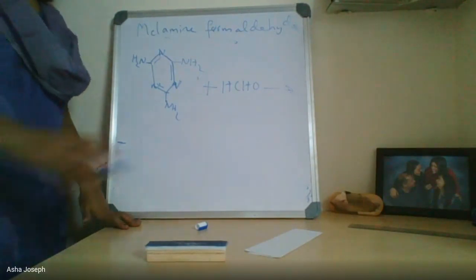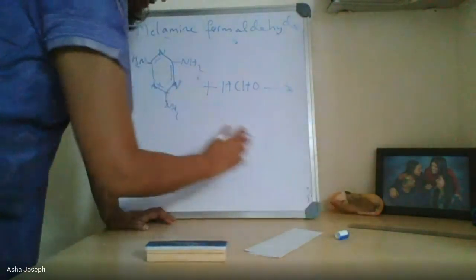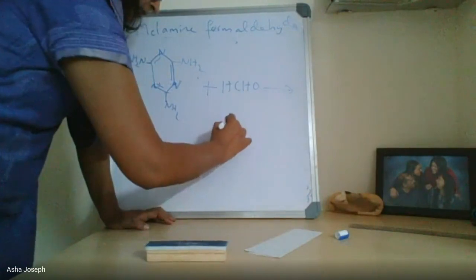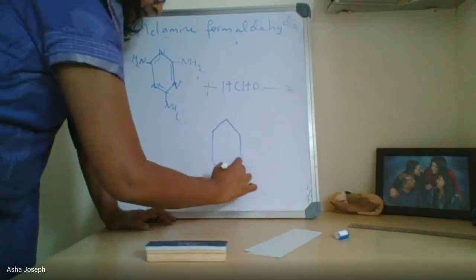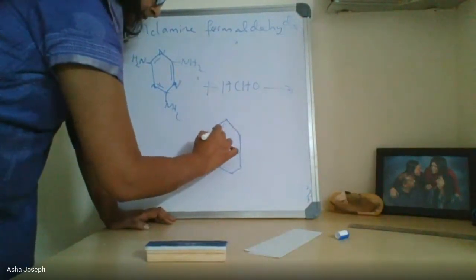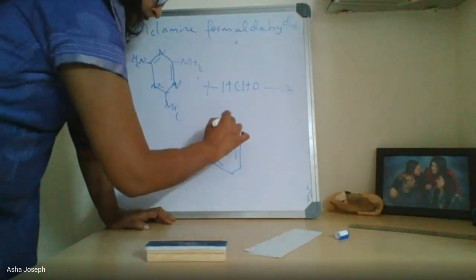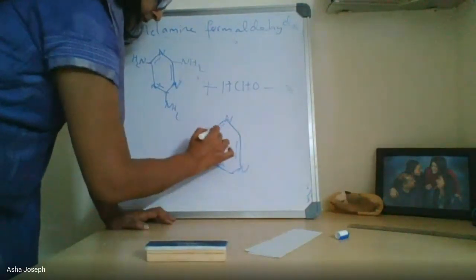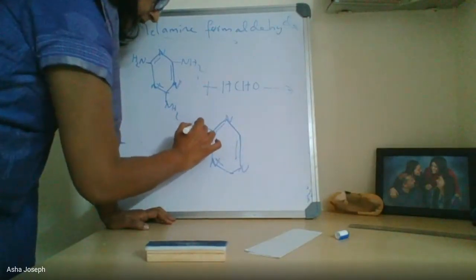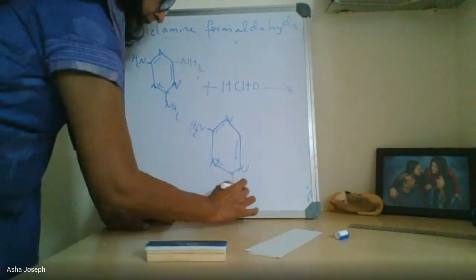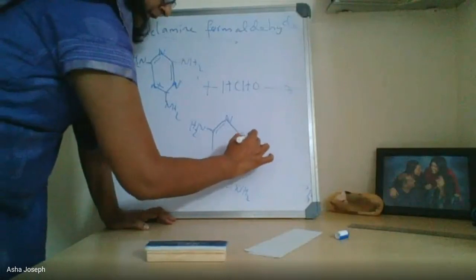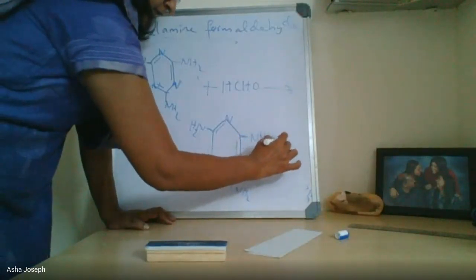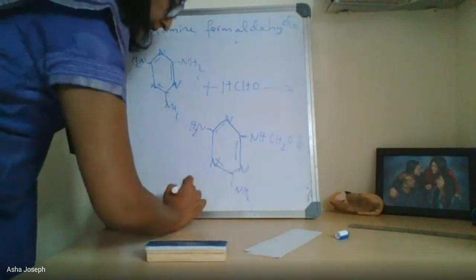Got it? So I said there is an intermediate, resin intermediate. I am going to draw that. Alternate nitrogen. Where nitrogen is not there, NH2, NH2 here, NH, CH2, OH. This is resin.